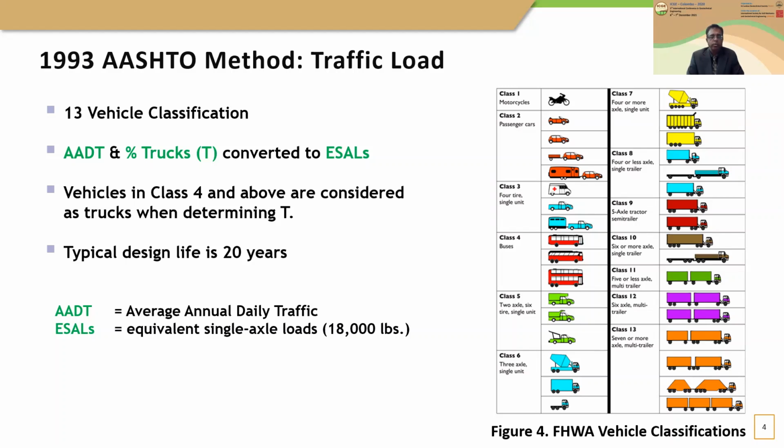One ESAL corresponds to 18,000 pounds. Federal Highway Administration, FHWA, classifies vehicles into 13 classes. Pavement design considers only classes 4 through 13. Typical design period for flexible pavements is 20 years.